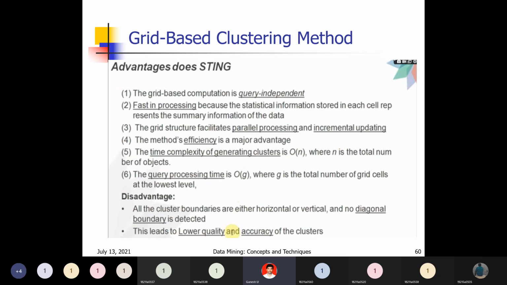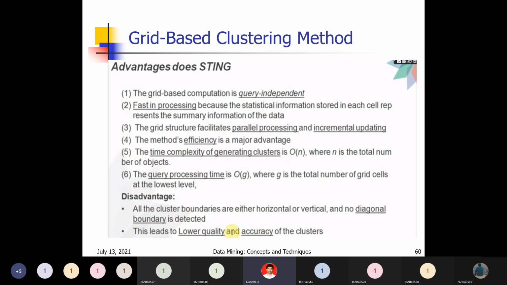Next, this leads to low quality and accuracy of the clusters. When coming to advantages, it is fast processing, it immediately gives the result. It is parallel processing, it is incremental updating, so it is good. But when coming to drawbacks, quality-wise it is low.